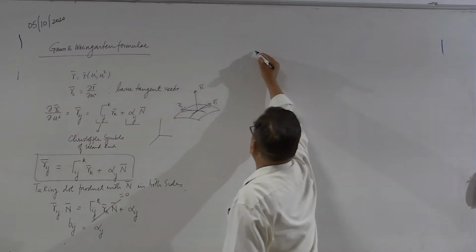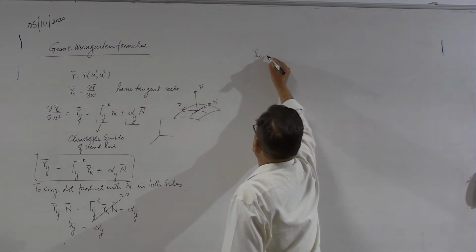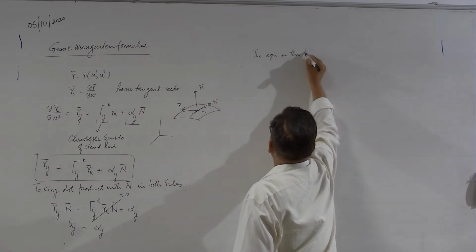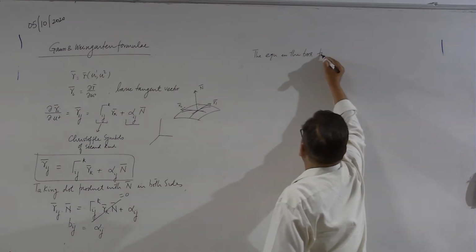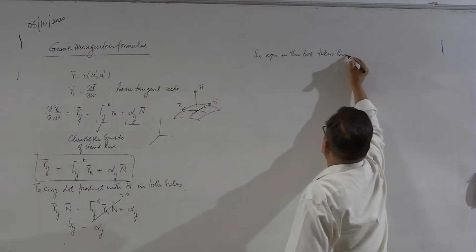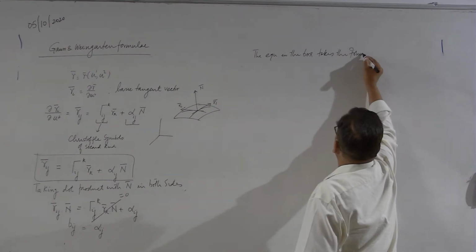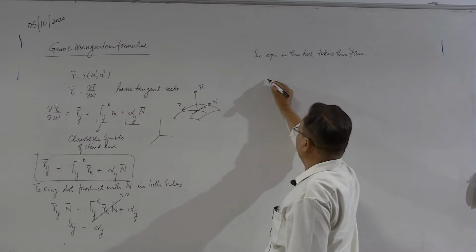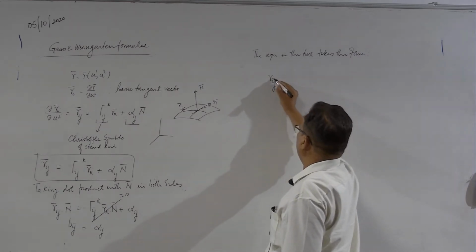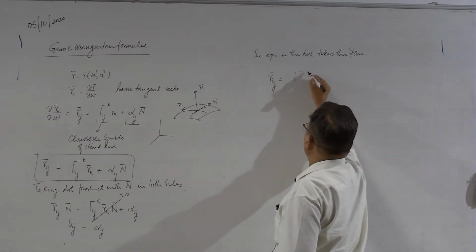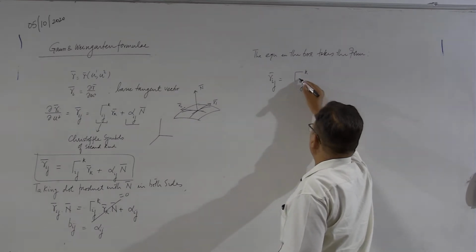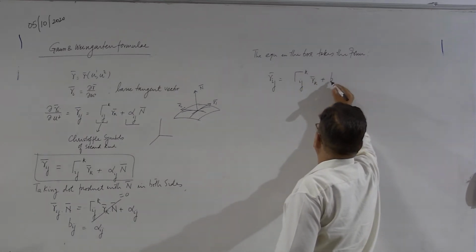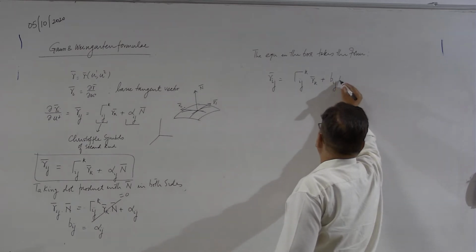So, the equation in the box takes the form: R_ij equals gamma^k_ij R_k plus B_ij n.